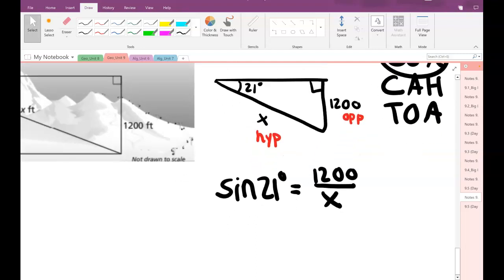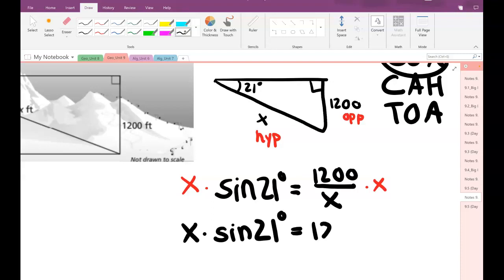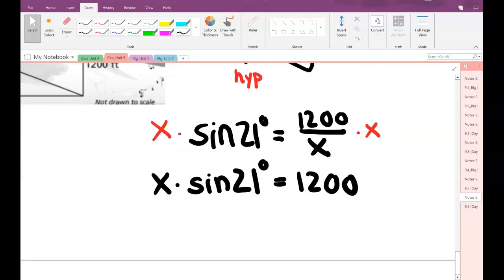From there, this is just like when we were solving tangent ratios, we have to solve for x. To get x out of the bottom, you have to multiply both sides by x. So x times the sine of 21 degrees is equal to 1200. But then x isn't by itself yet. I said on Monday you have to treat sine of 21 like it's a number.